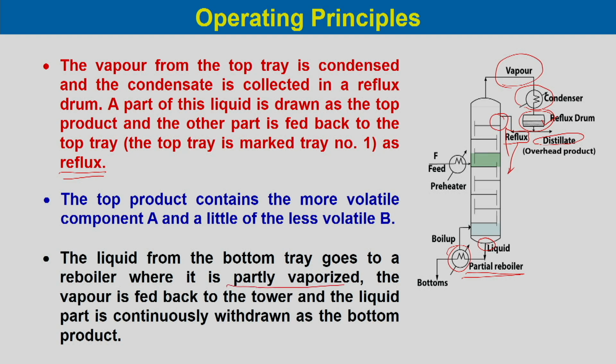Partially vaporized, the vapor is fed back to the tower, the liquid part is continuously withdrawn as the bottom product. So, the bottom product over here is taken as bottoms, and the vapor returned back to the column is known as the boil up.